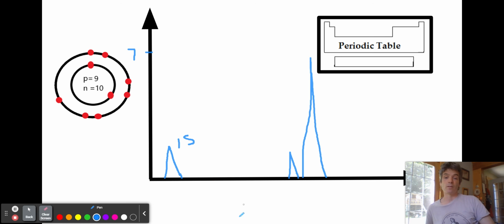So you want to be able to draw these, and you're not necessarily going to know how much energy, but you should know relative to one another where any orbital is and which orbital is which peak.